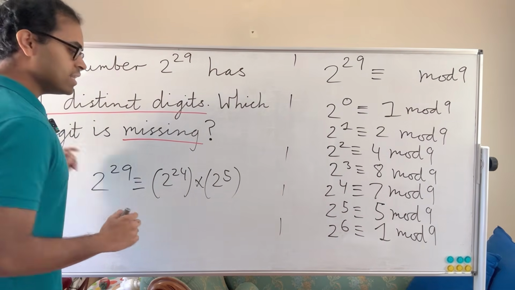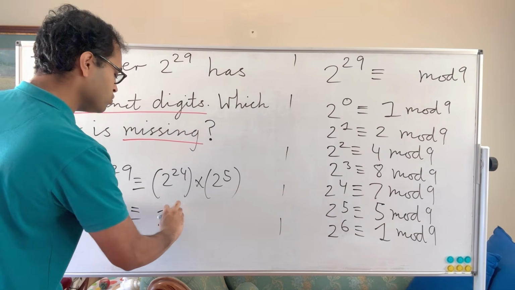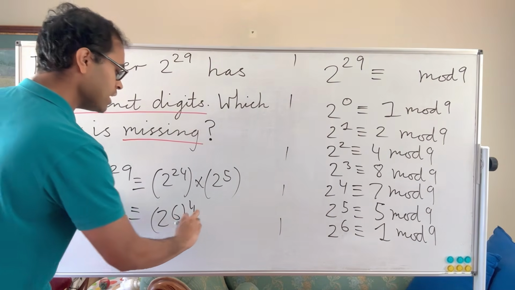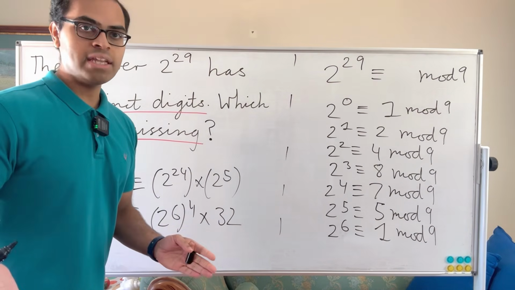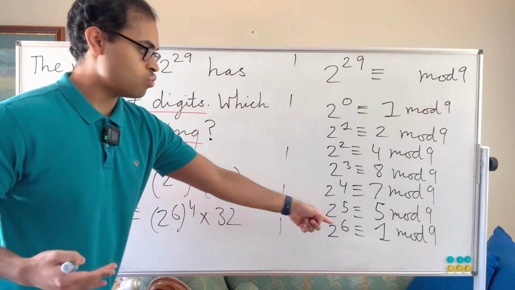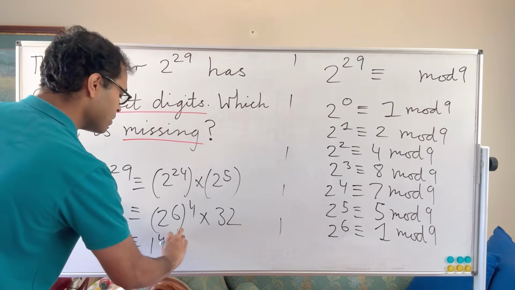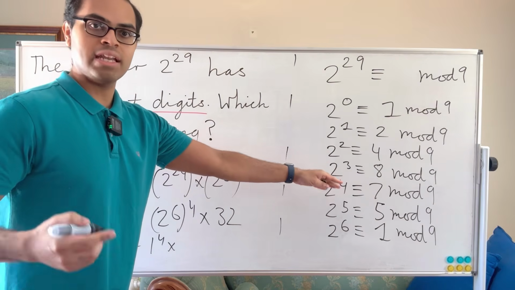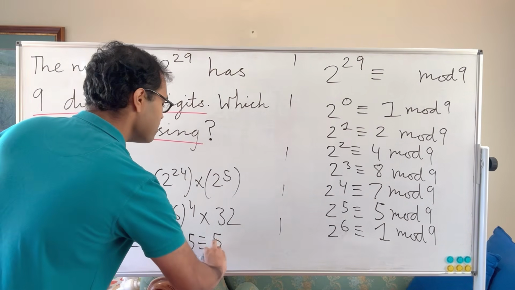And these are all congruent modulo 9, and 2 power 24 is equal to 2 power 6, to the power 4, times 2 power 5, which is 32. Now 2 power 6, when you take the remainder when you divide by 9, is just 1 as we just saw. So this is 1 power 4 times 32. The remainder when you divide by 9 is just going to be 5 because 27 is a multiple of 9. So you just get 5 modulo 9.